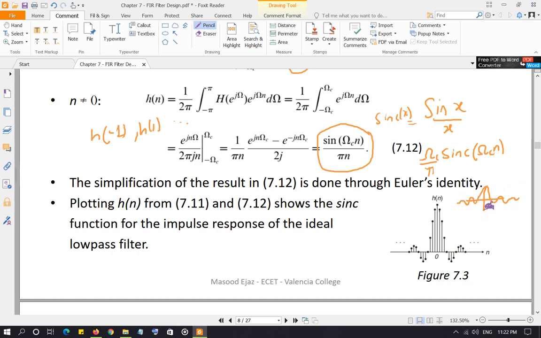From this characteristic, you can see that you cannot really consider the ideal low pass filter, even theoretically, because the response is starting actually before n is equal to 0. It's non-causal, remember. And non-causal does not really exist, because if you do not have any input arrived, the output should not arrive.